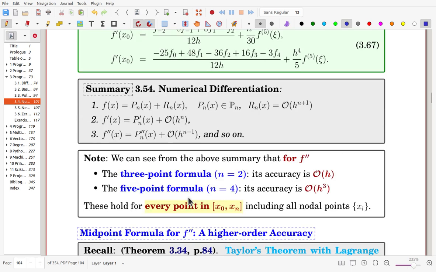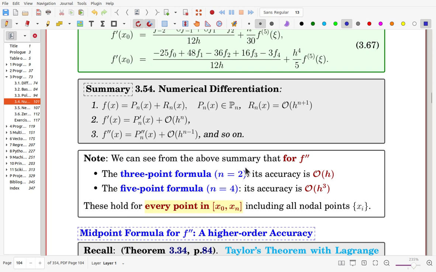So we can see from the above summary that for f double prime, the 3-point formula, in the case n is 2, its accuracy is order h. And for the 5-point formula, in the case n is 4, its accuracy is order h cubed.